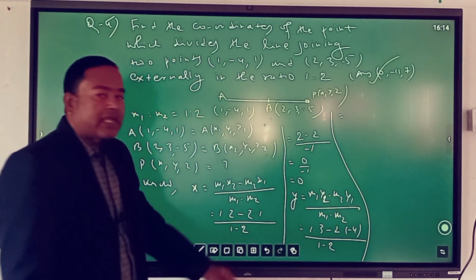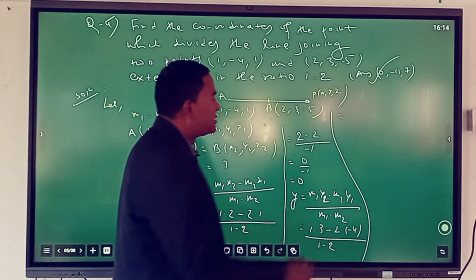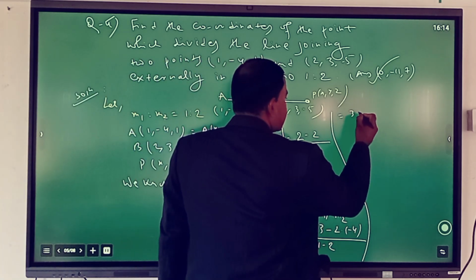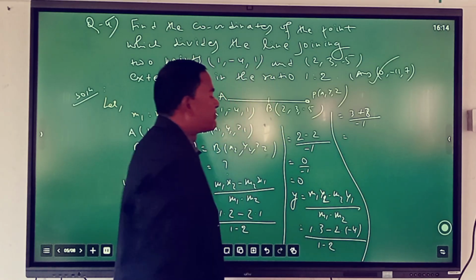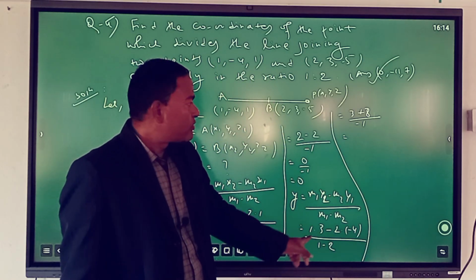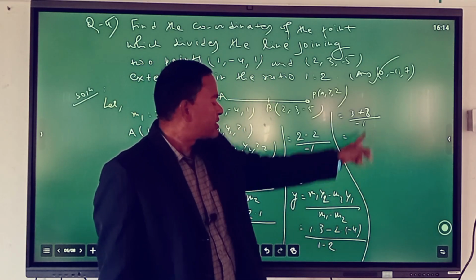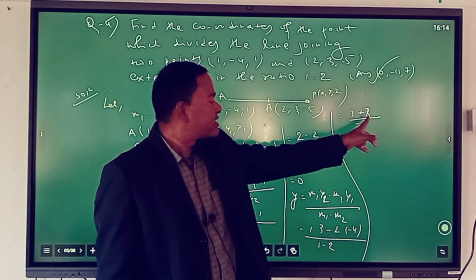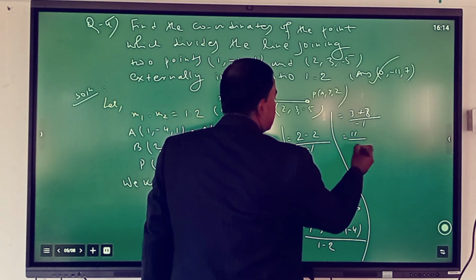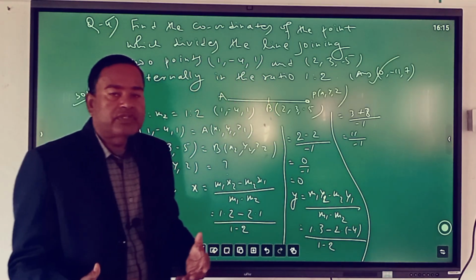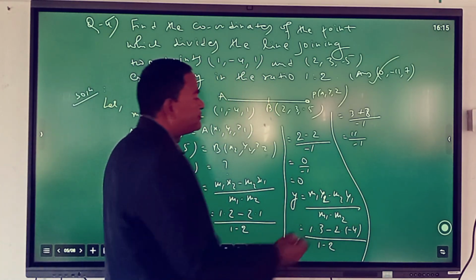Dear students, now after calculation we get 3 minus minus plus, 3 times 1 we get 3, minus minus plus 2 times 4 we get 8, 3 plus 8 is 11, 11 divided by minus 1 we get minus 11.